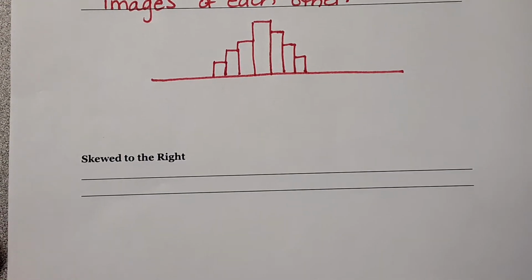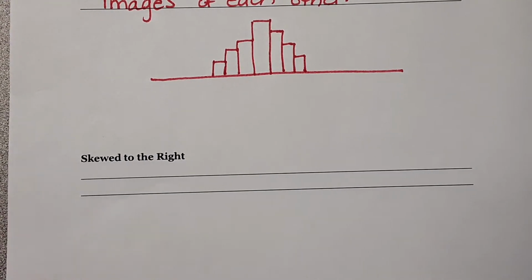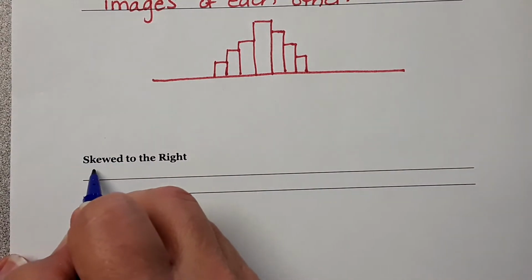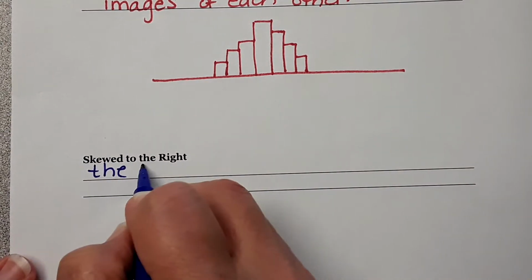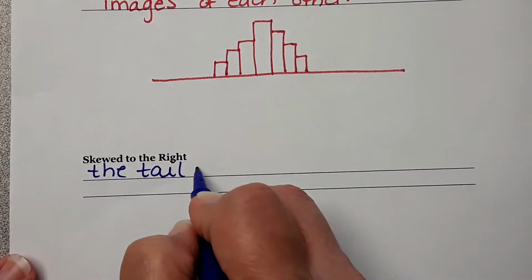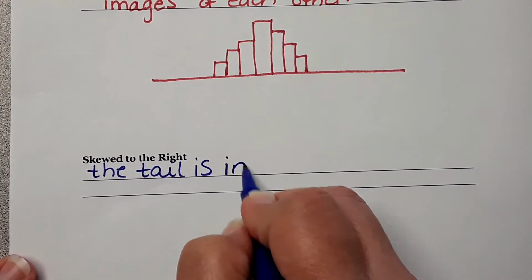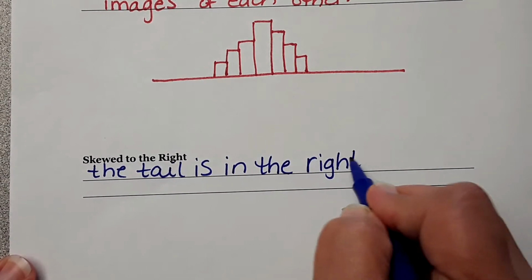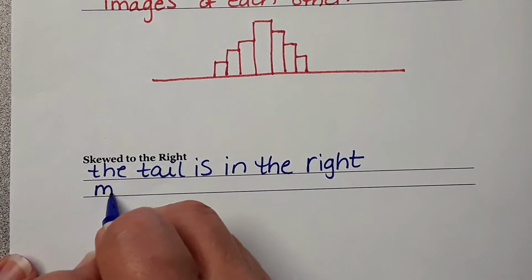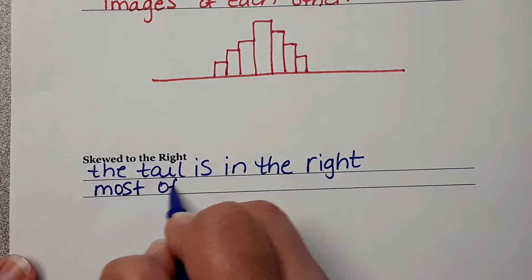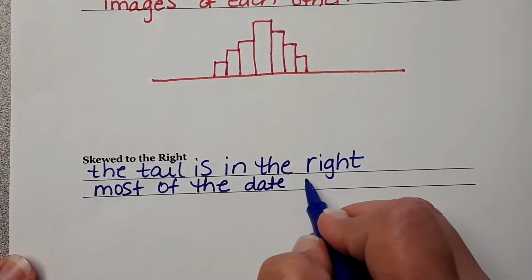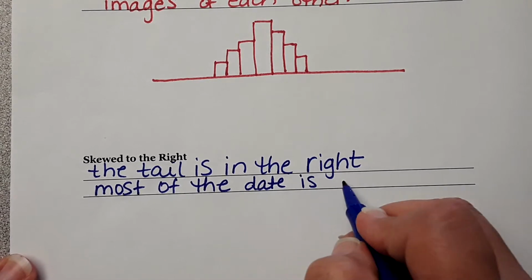Skewed to the right. The tail is on the right. What you need to know, though, is most of the data is on the left.